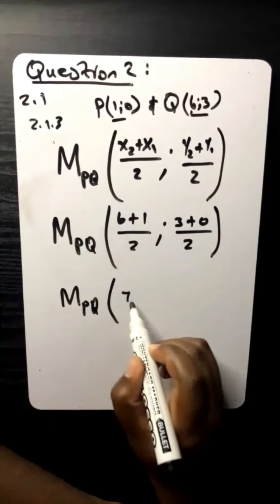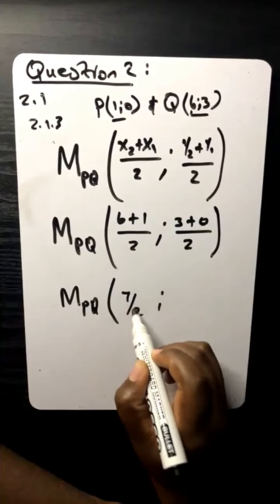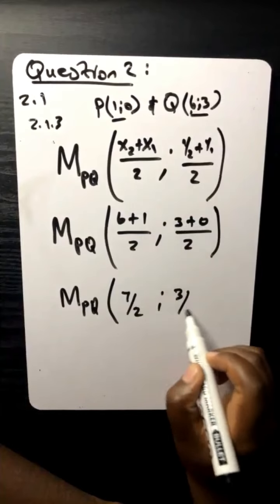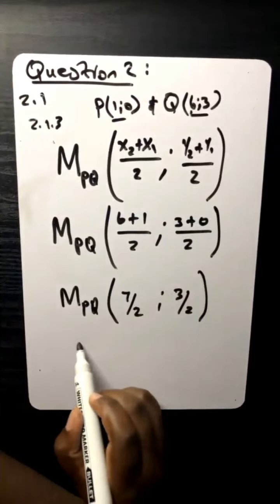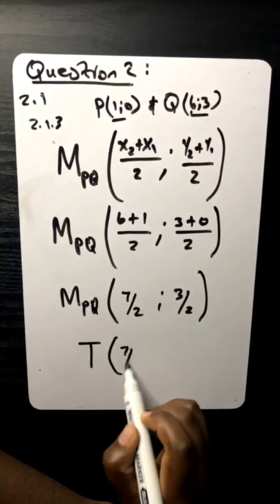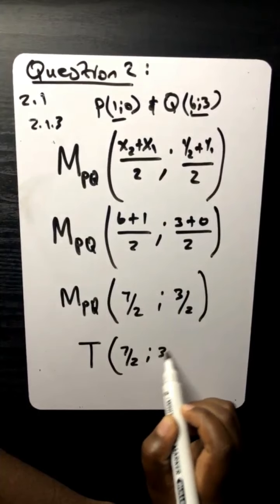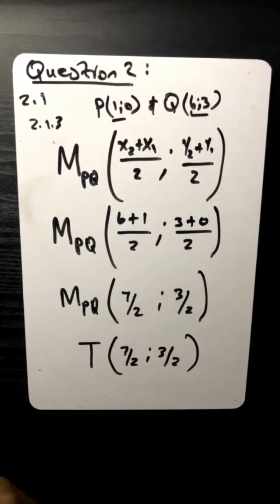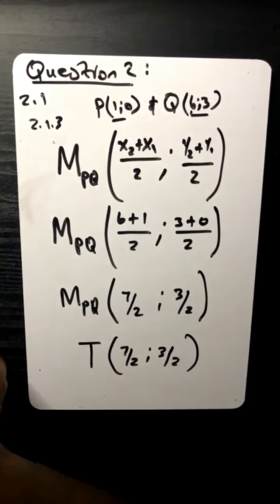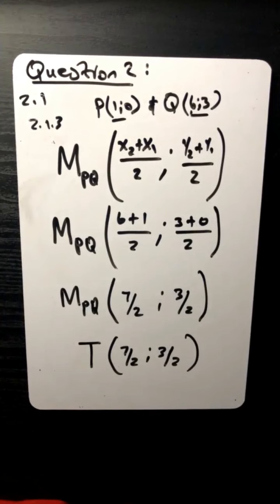This is 7 over 2, guys. That is 7 over 2. What is this? This is 3 over 2. So that means point T is 7 over 2 and 3 over 2. Just leave it as a fraction. Guys, did you all understand what I've done over there?